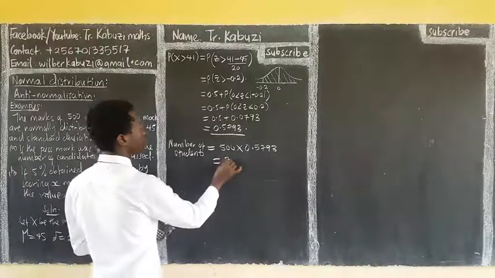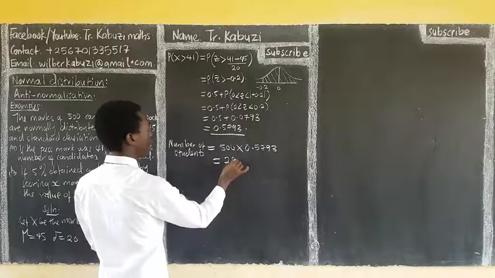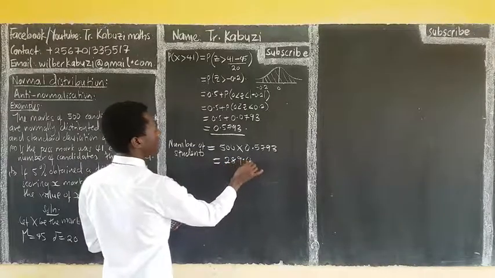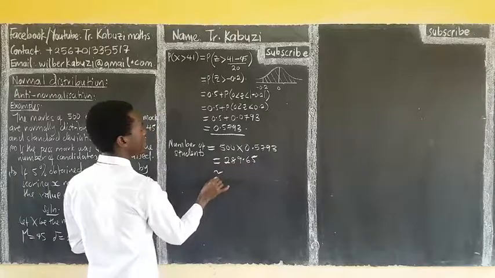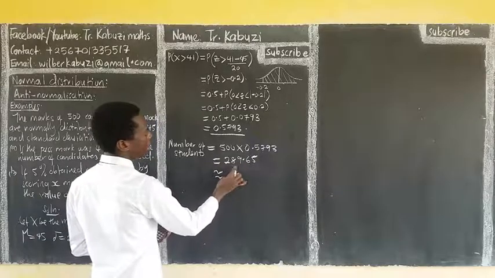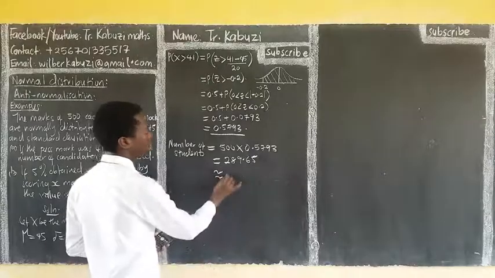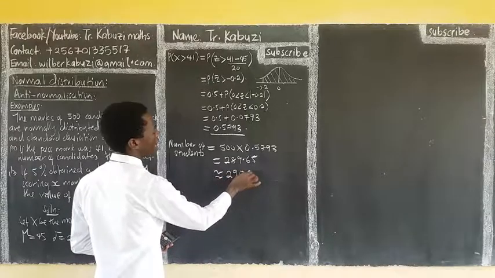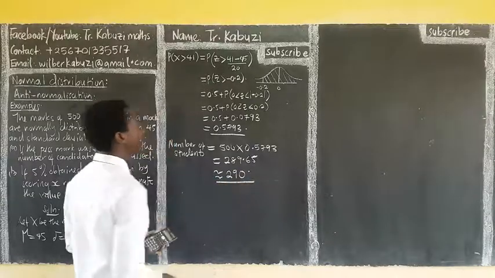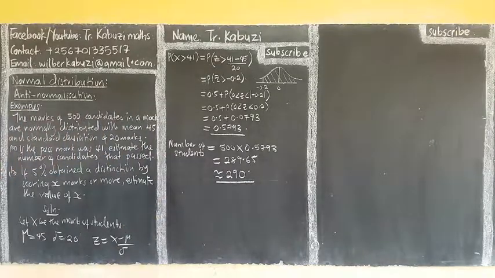Here I'm getting 289.65. So I estimate that there were approximately, you give the next integer, 290. So the students who passed were 290.